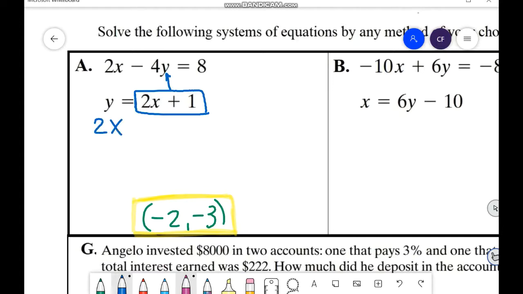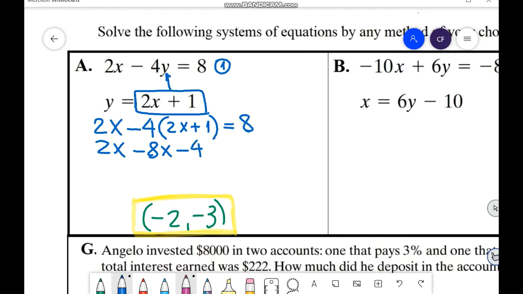So 2x minus 4 times, instead of y here in equation number 1, let's plug in 2x plus 1 equals 8. Okay, so 2x, -4 times 2x is -8x, -4 times 1 is -4, equals 8.